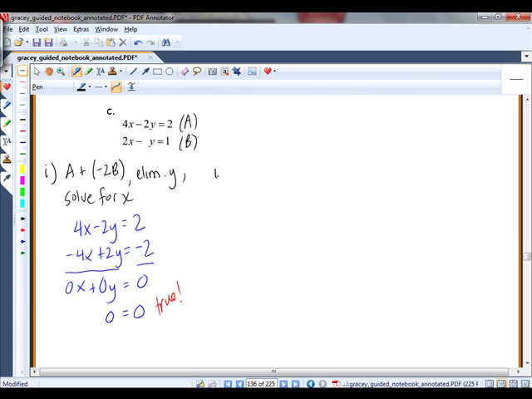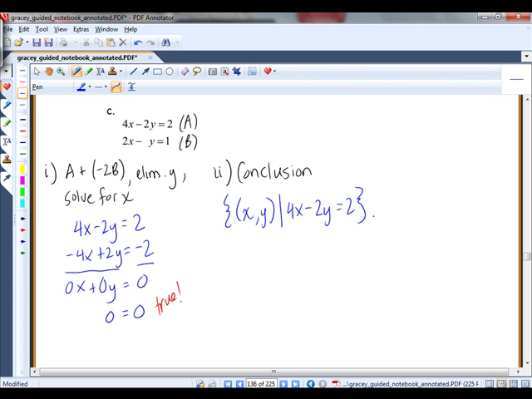So the good thing about it is we can jump straight to our conclusion. It means that these lines were multiples of each other, which means they're identical. So you get that kind of crazy solution where you say it's an ordered pair such that it's on one of the lines. I'll just choose the first one, A, but you could have put either one.